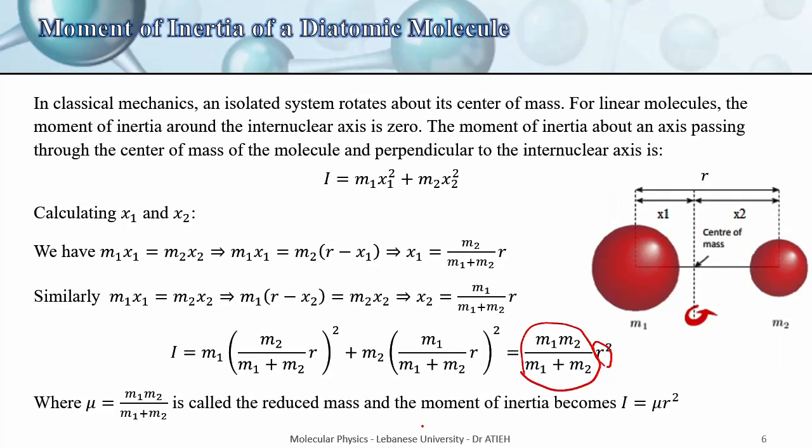In other words, the rotation of a diatomic molecule whose atoms have masses m1 and m2 and an internuclear distance r has a moment of inertia similar to a single particle with mass mu, called the reduced mass, at a distance r from the axis of rotation.